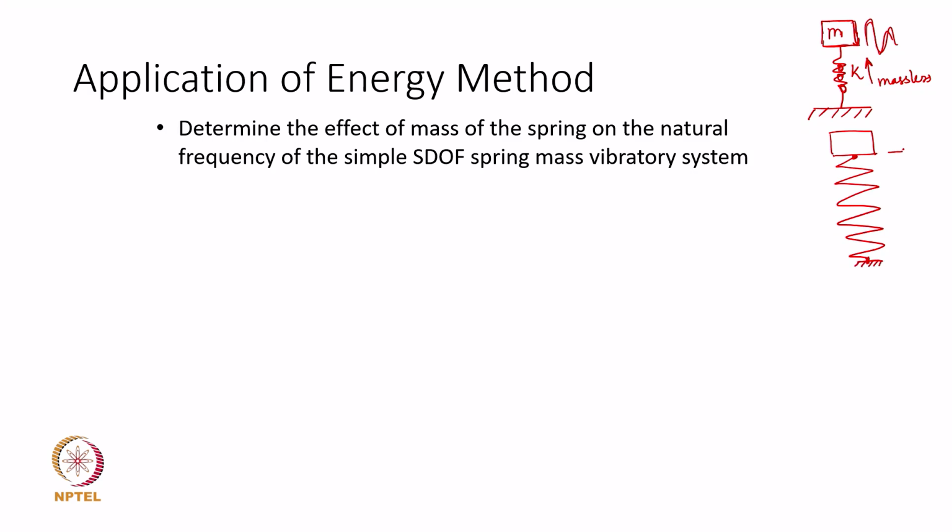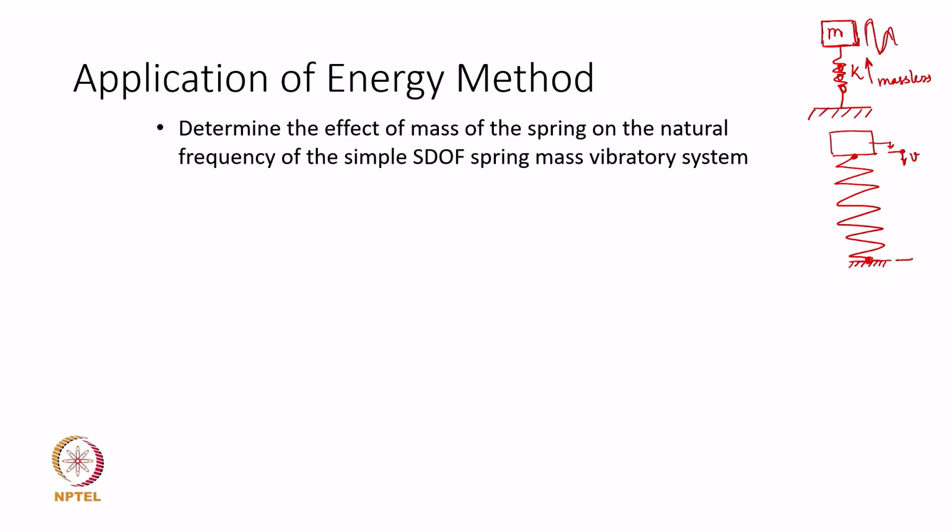For that, let us assume that the mass has a velocity equal to v at the end of the spring, that is, of the mass itself, and you would agree that the velocity will keep dropping to the point of contact with the ground.